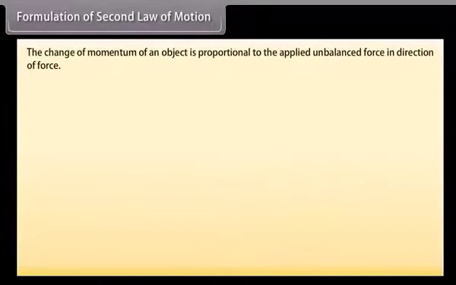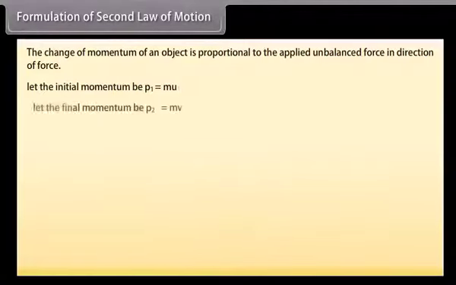Formulation of second law of motion. The change of momentum of an object is proportional to the applied unbalanced force in direction of force. Let the initial momentum be P1, which is equal to mu. Let the final momentum be P2, which equals mv.